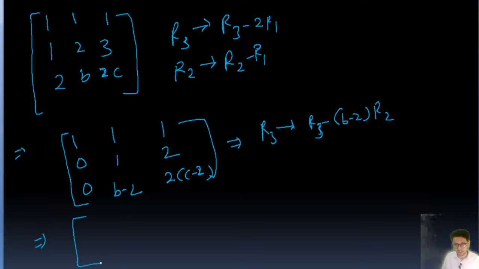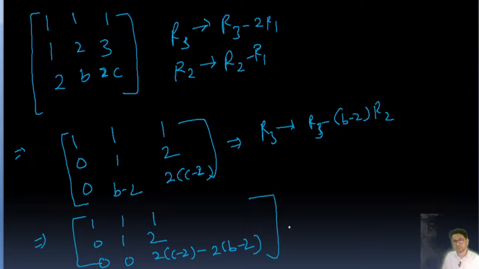So after that the matrix is going to be 1 1 1, 0 1 2, and this will become 0, this will become 0, and this is going to be 2 into c minus 2 minus 2 into b minus 2, okay? This matrix will become, okay?